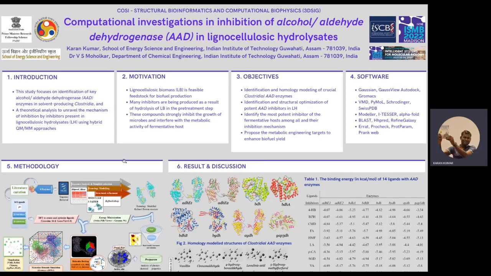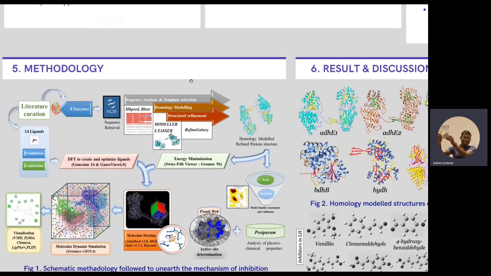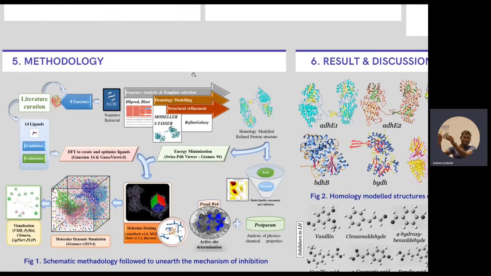Coming to the methodology of this work, first we did the literature curation, from which we identified a total of 8 clostridial enzymes that play a crucial role in solvent production and also identified 10 inhibitors from lignocellulosic hydrolysates.